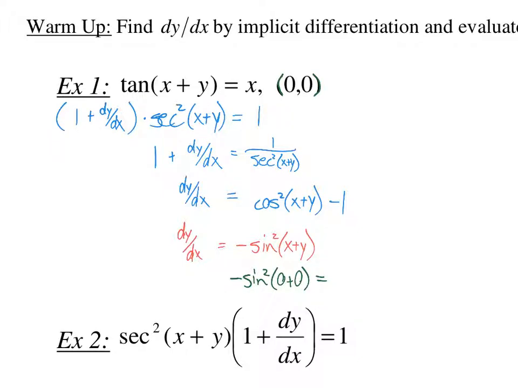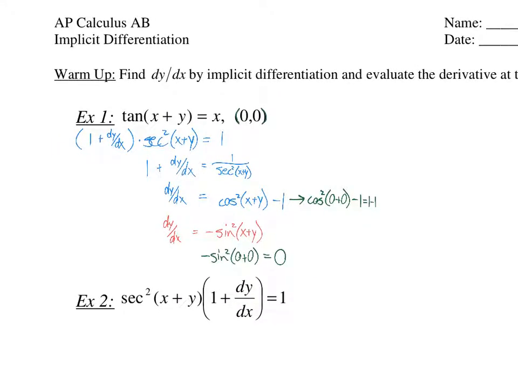That one's 0. Yeah, sine of 0 is 0. Or if we had done it up here, cosine squared of 0 plus 0. What's cosine of 0? 1. So you have 1 minus 1, which still ends up giving us 0. Okay, so either way, you'd end up with 0 as the slope of the tangent line.